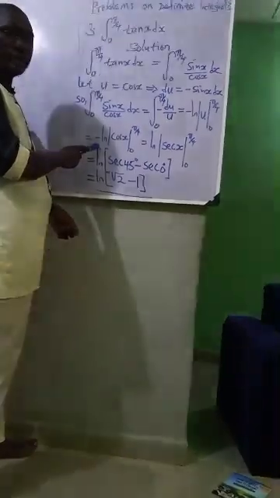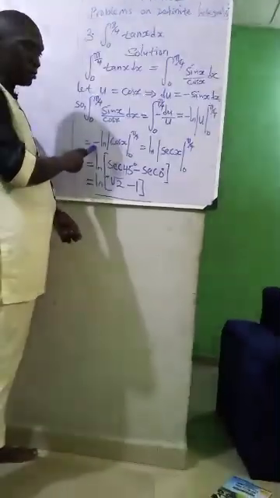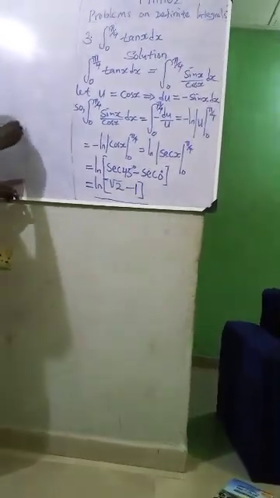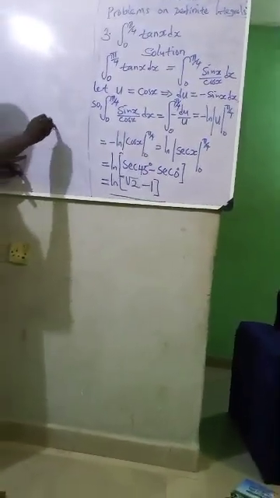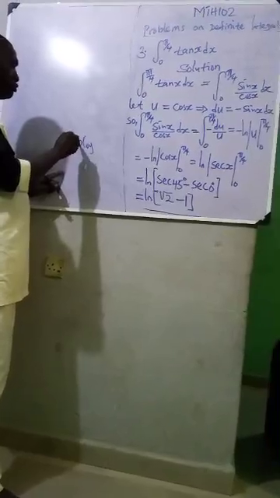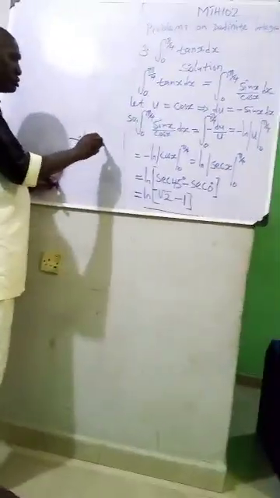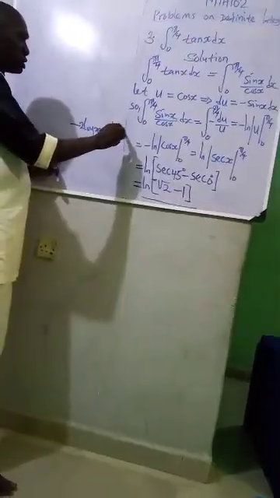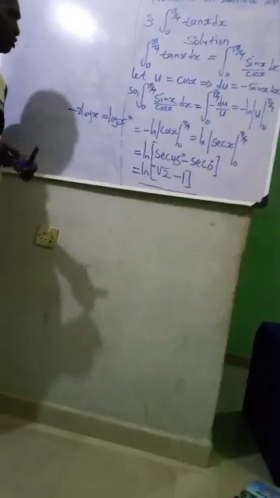Then we applied the negative law. Recall the power law: if you have minus 2 log x, this can be written as log x to the power of minus 2.